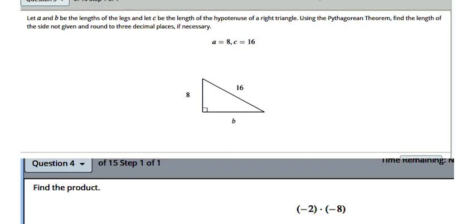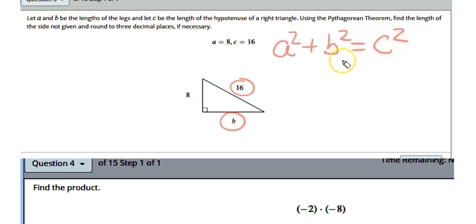Now, in this case, we have a very similar example, but we know here the hypotenuse. What we want to find is side B. So again, it's the same formula, a squared plus b squared equals c squared. But to find b, we modify it a little bit.